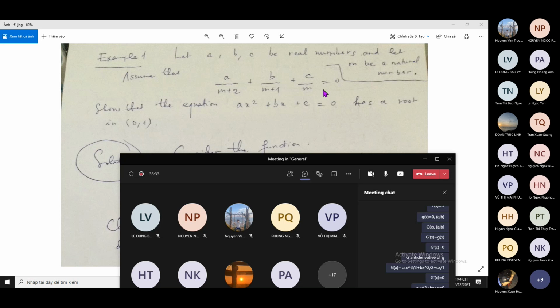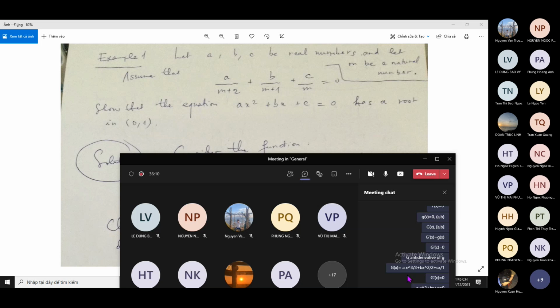For any natural number, we can solve the quadratic equation ax squared plus bx plus c equals 0. So the function ax cubed over 3 plus bx squared over 2 plus cx allows us to prove that ax squared plus bx plus c equals 0 has at least one root in the open interval 0, 1, if we have got a over 3 plus b over 2 plus c over 1 equals 0.